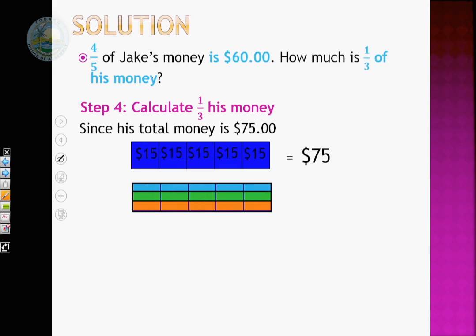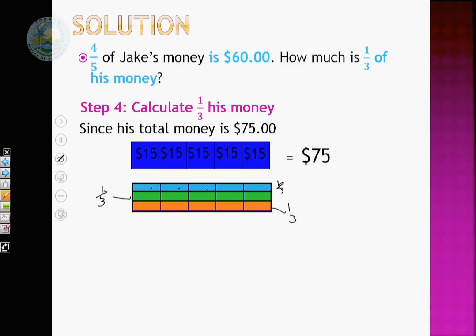We still have the same bar, but we divided it into thirds horizontally. So all the blue here is a third, all the green is another third, and all the orange is another third. Since we divided it into thirds, we now have 15 blocks.